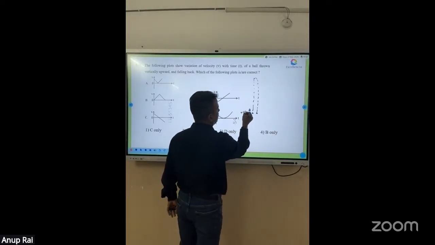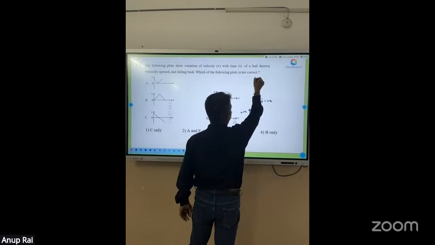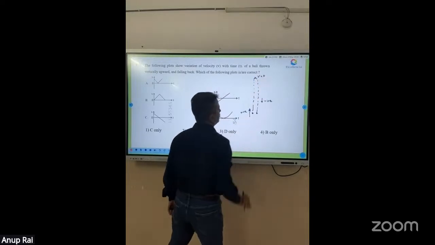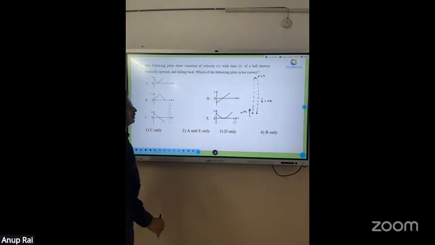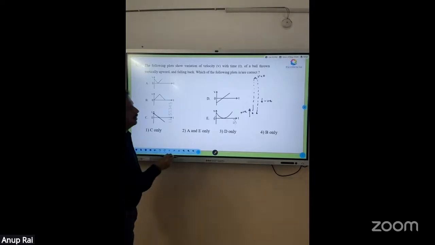If you are taking this as positive, the other half will become negative velocity. And at the highest point, the velocity will become 0. So the most suitable graph will start from positive, go in a straight line downward, become 0, and then become negative.